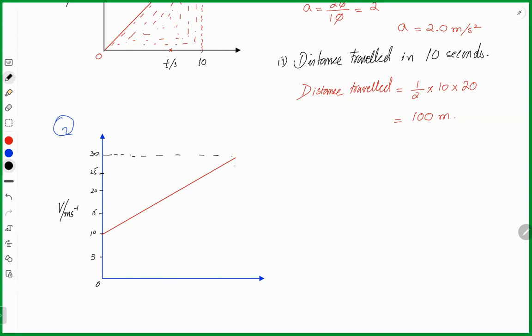This is the time axis: 2, 4, 6, 8, 10, 12. Time in seconds.